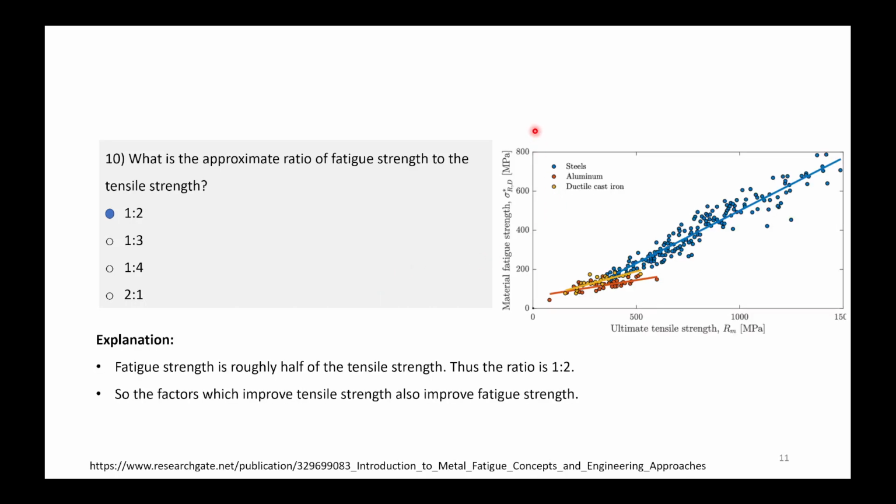Here we can see that for steels, aluminium and ductile cast irons, using some research, it is measured that your tensile strength is twice the value of the fatigue strength. Fatigue strength is roughly half of the tensile strength, thus the ratio is 1:2. So the factors which improve tensile strength also improve fatigue strength. That's why grain refinement will improve both the tensile strength and the fatigue strength of the material.